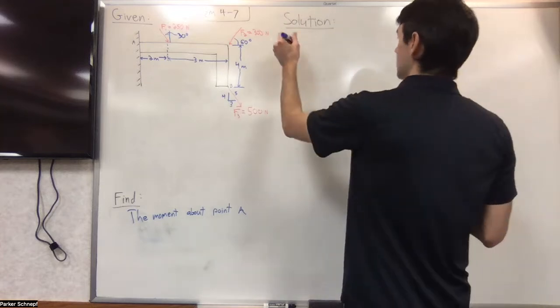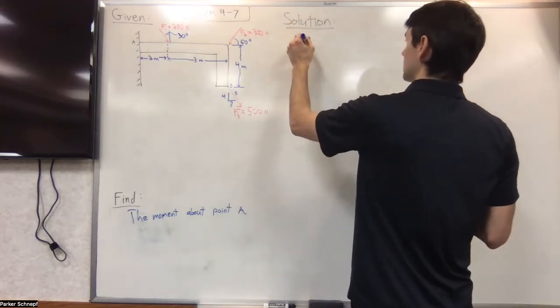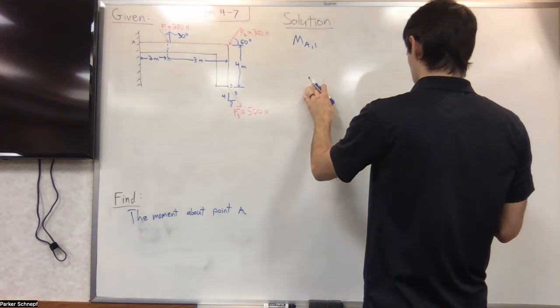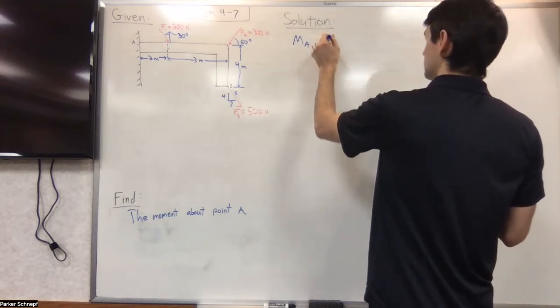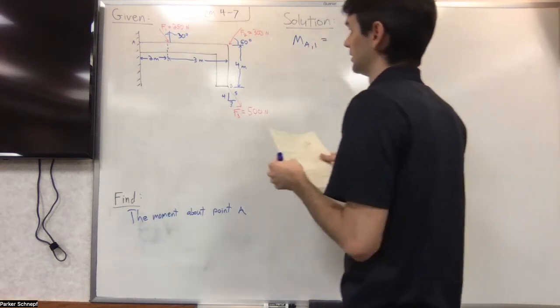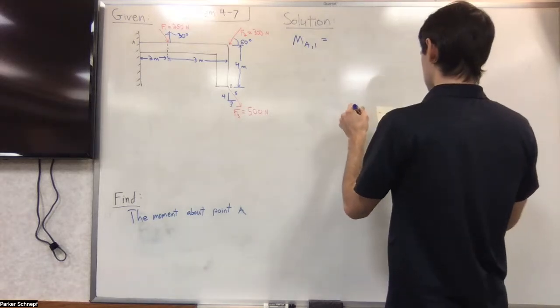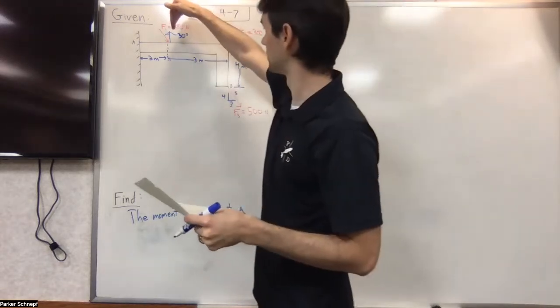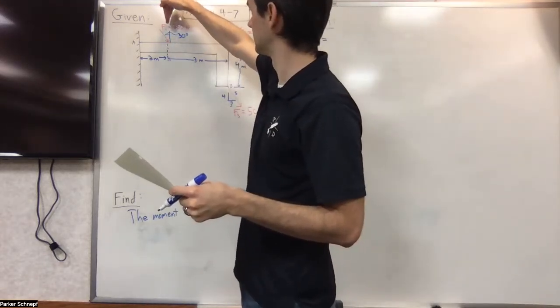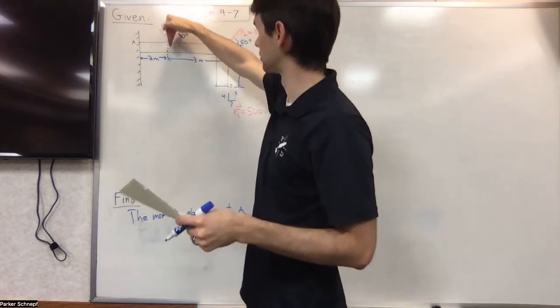First off, the moment about point A caused by force one. Force one is acting downwards.